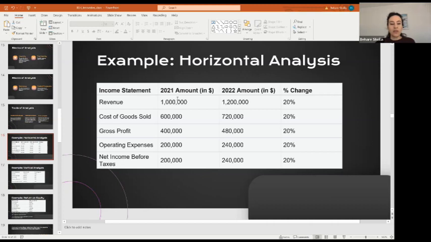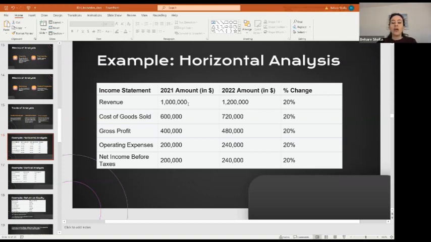Okay, so I'll go through the example for the horizontal analysis. This is basically for the company to check how, for example, the revenues changed over a period of time. Here we are comparing 2021 with 2022, and we can see that the revenues have increased by 20%. This can be done for every position of the income statement, and not just for the income statement, but also for all the other financial statements. This is just an example to show you how this is done and why.